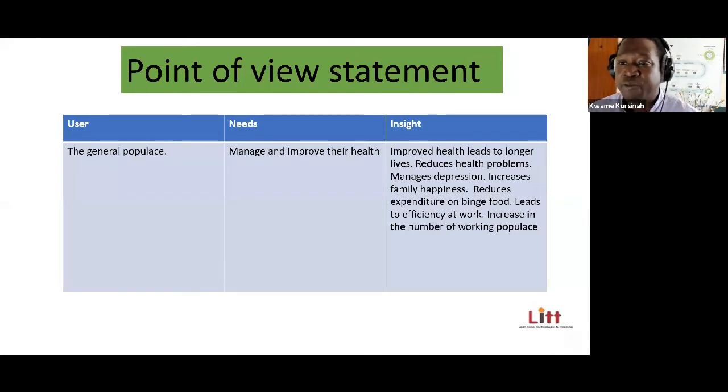It reduces health problems, manages depression, increases family happiness, reduces expenditure on binge food, and leads to efficiency at work. And if all these things are considered, it can increase the number of the working populace. So these are good insights for government to encourage healthy living and healthy ways of working.